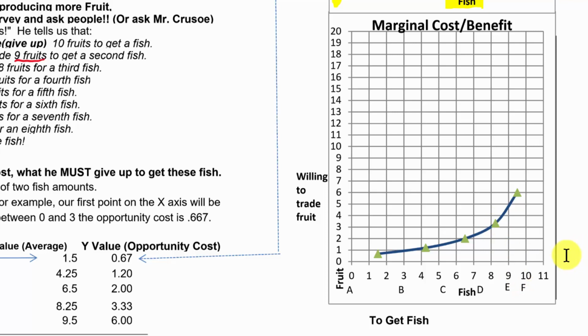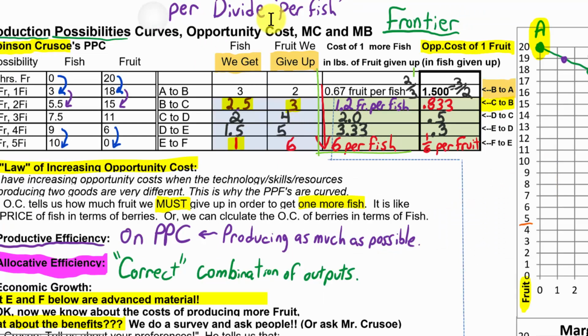Don't worry too much about exactly how I graphed it. Just trust that what I'm doing here is graphing those opportunity costs we calculated. The 0.67, the 1.2, 2, 3.33, and the 6 from up here.